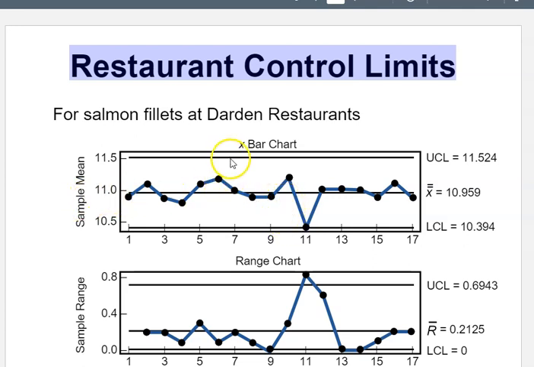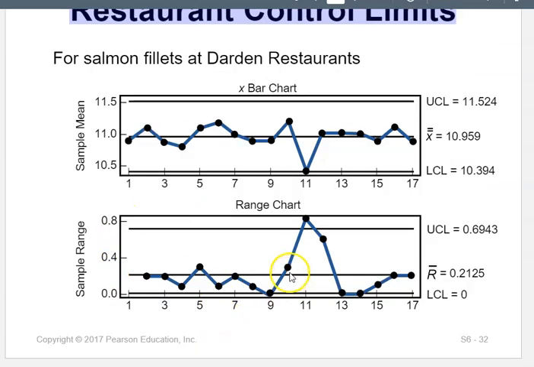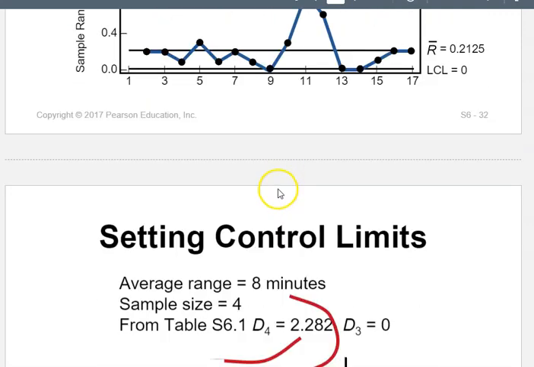One reason is your Xbar chart shows a point on the lower bound, so it's clear that the system is out of control based on the Xbar chart. And based on the range chart, you can see that on the same day or the same hour we have a point, or average of that day, out of control, higher than the upper bound. So the system in general is out of control.